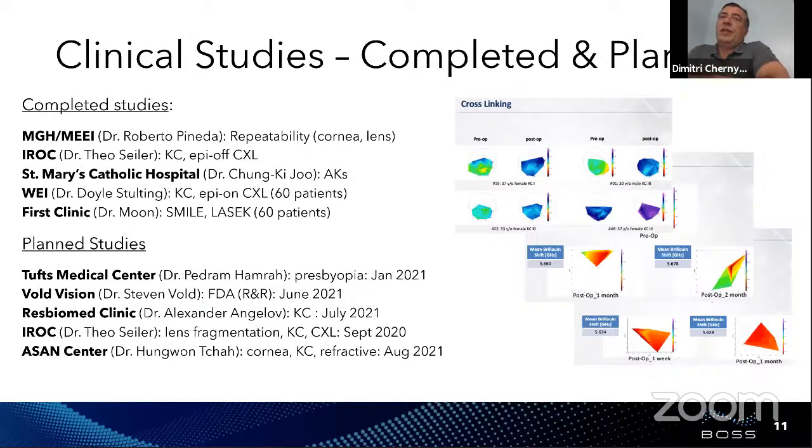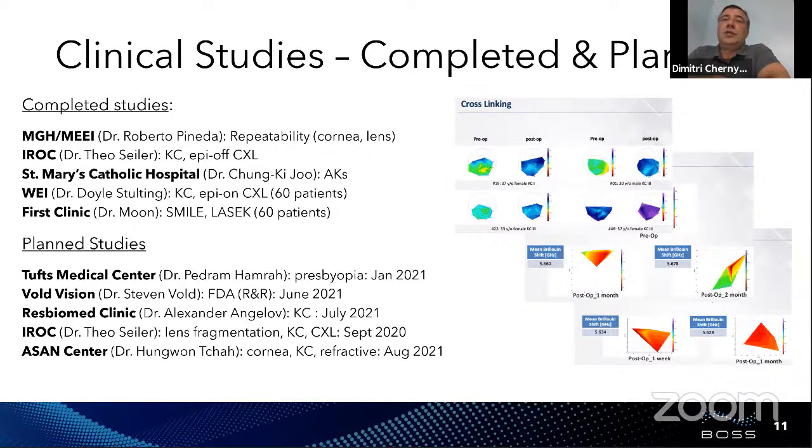To summarize some of the studies that were already completed using a prototype machine, there were studies around repeatability in cornea and lens at Mass General Hospital and Mass Pioneer, studies with Dr. Seiler and IROC, a couple of studies in Korea at St. Mary's Hospital, as well as First Clinic around refractive surgery and cataract surgery.